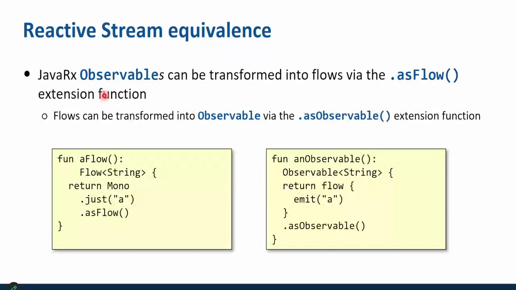Eventually this will be fully encapsulated into the JavaRX packages. So flows are actually interchangeable quite easily with the observable objects. If you have experience with that, you may find these two signatures quite easy to read.